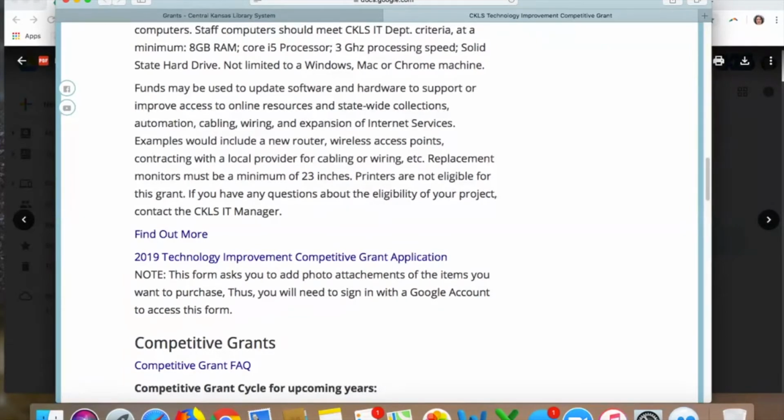One of the key points I want to reiterate is when you have a question, especially for a CKLS grant, contact me. I am an advisor on the competitive grants, the big one, the materials one for this year. I am not a voting member on the committee. So my goal is to help you get the best application in that you can. If you wait to the last day, I'm going to be limited in how much help I can give you.